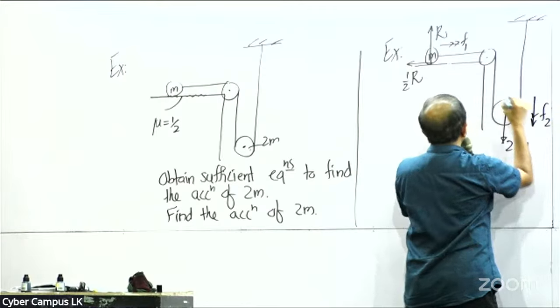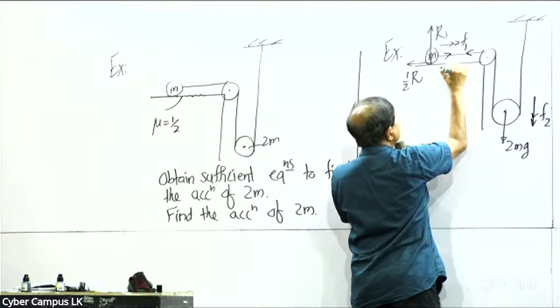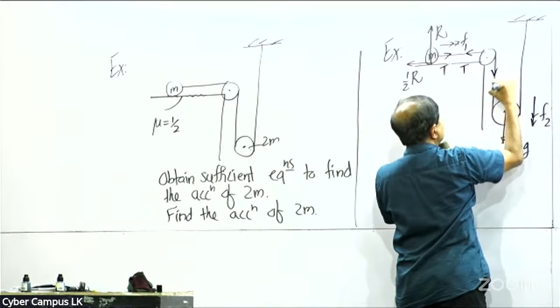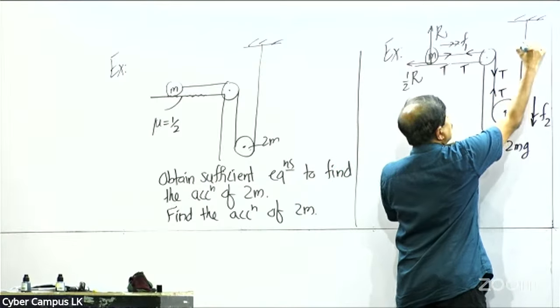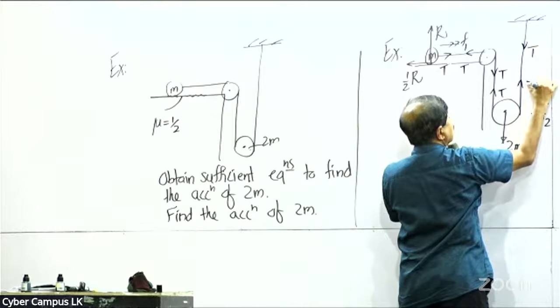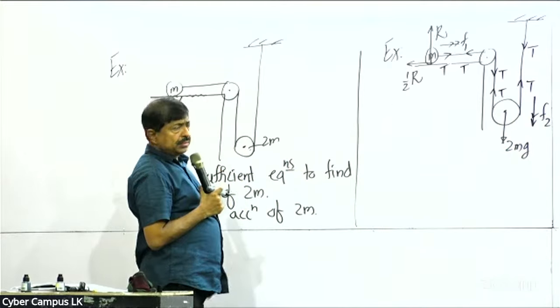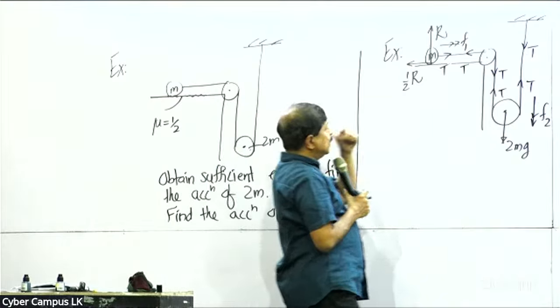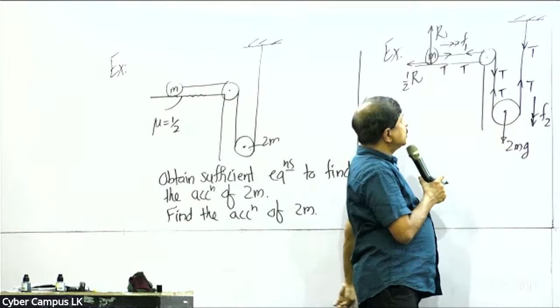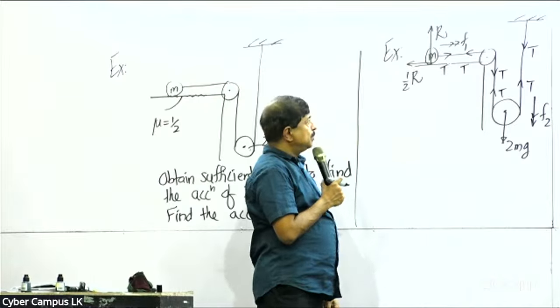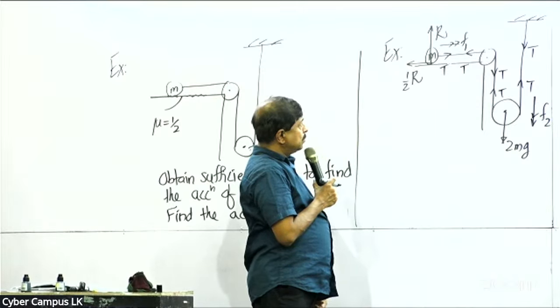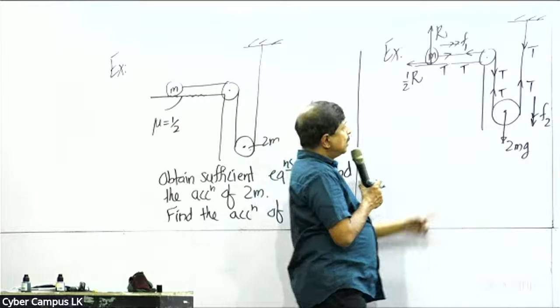Its acceleration is F2. Now we have a little problem. We have two accelerations, F1 and F2, right? We have two accelerations and one tension.